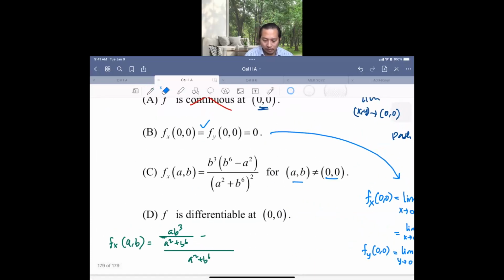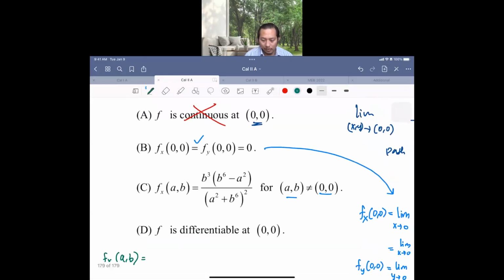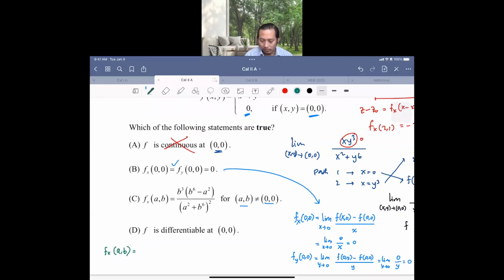Oh, wait. I think we can write directly: A B cubed over A squared plus B to the sixth.